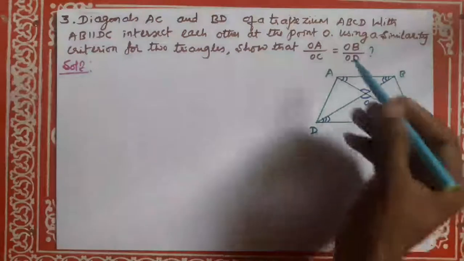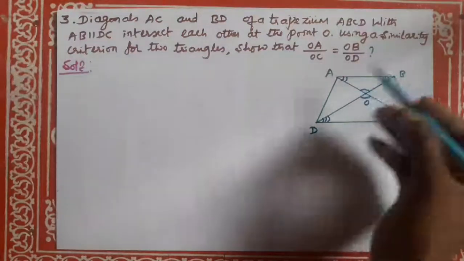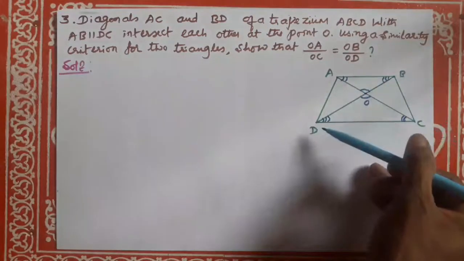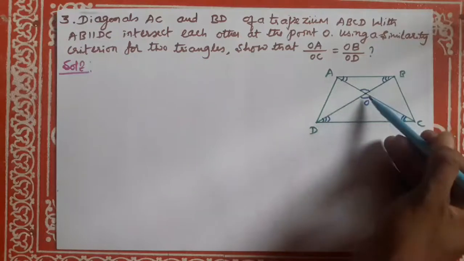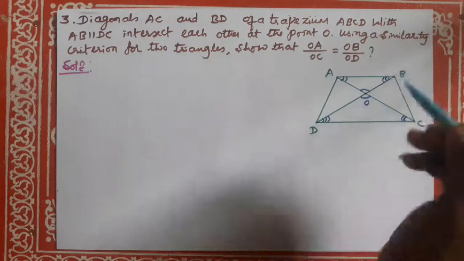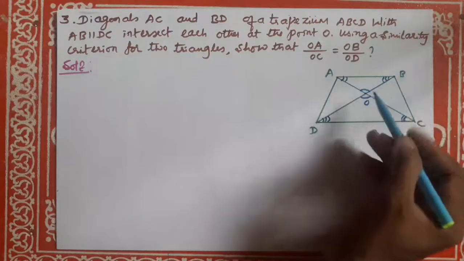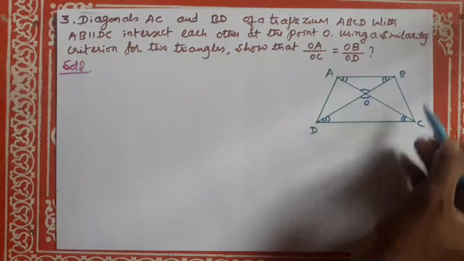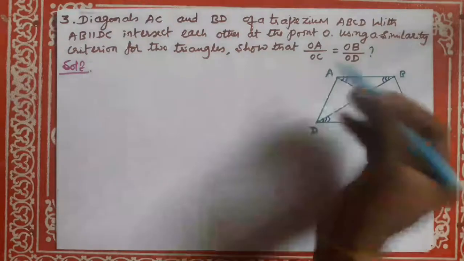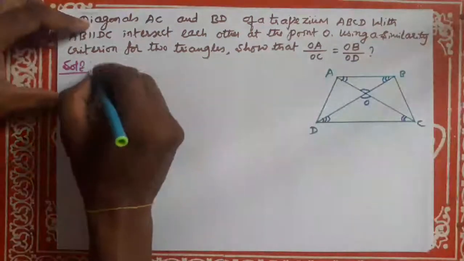Now let us discuss this. ABCD is a trapezium. The diagonals intersect at point O. Solution.